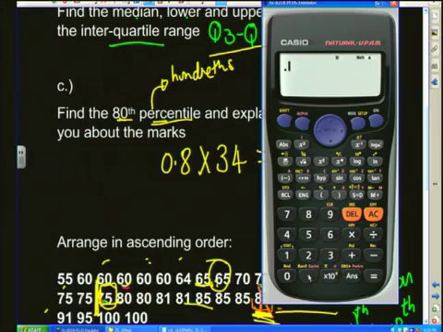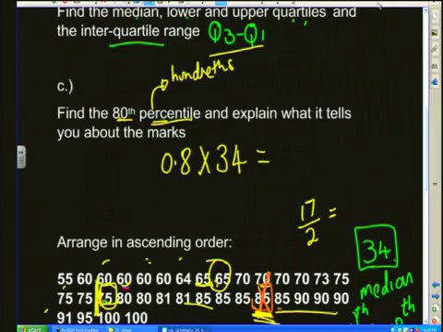So we say 0.8 times 34, and that gives us 27.2. So therefore, your 80th percentile will lie in approximately position 27.